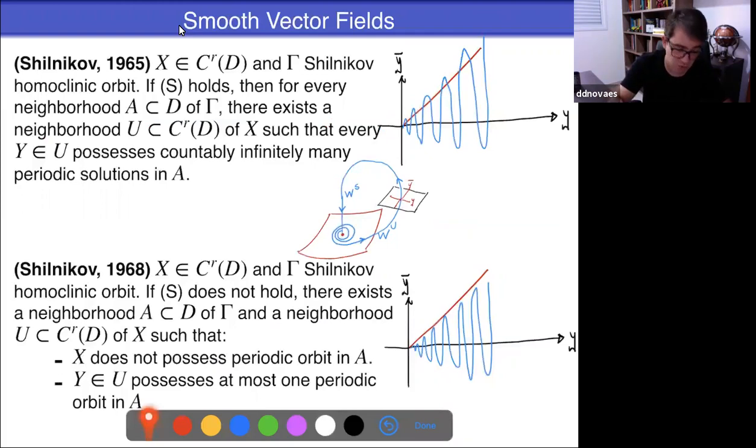If sigma is positive, then the graph does not intersect the identity. So you do not have a fixed point, and you do not have periodic orbits. Okay, so the idea here is to extend this result and these concepts to the non-smooth context.